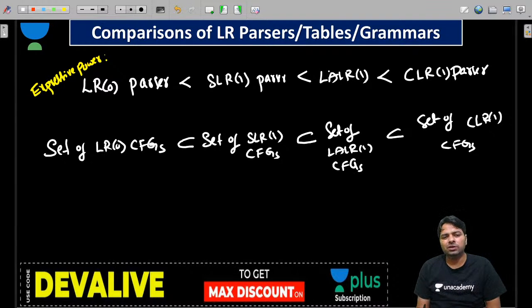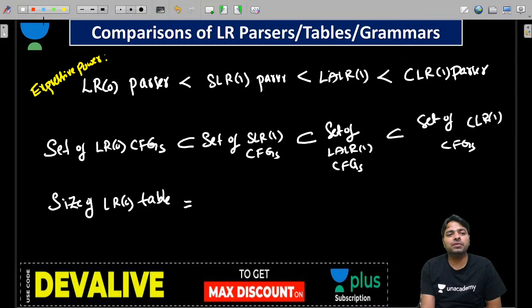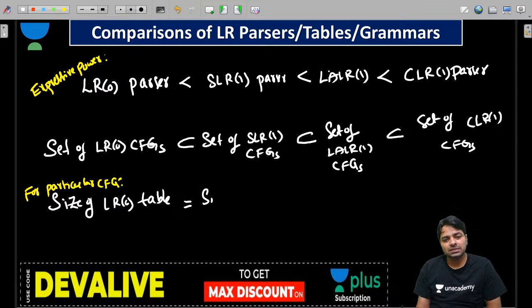And when you look at the table, the size of the LR0 table for a particular grammar, remember that, for a particular grammar, is equal to the size of the SLR1 table. Only entries will be different, guys. Sometimes those are also reduce entries.